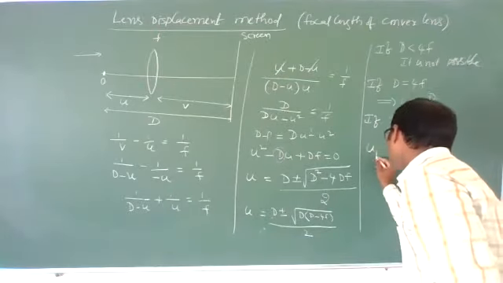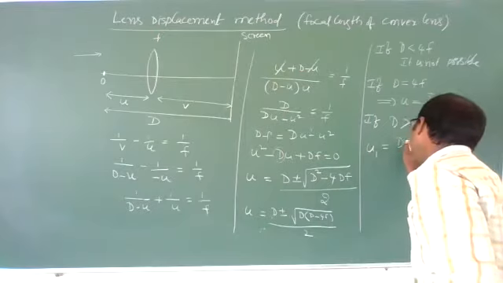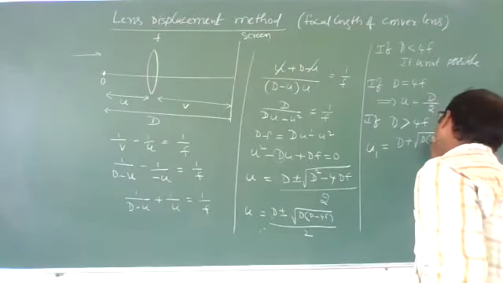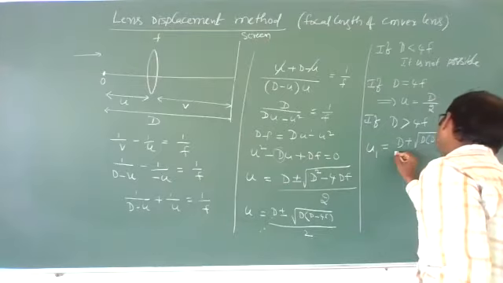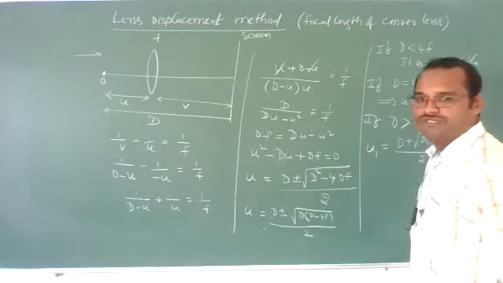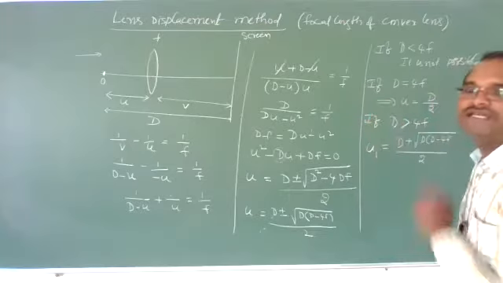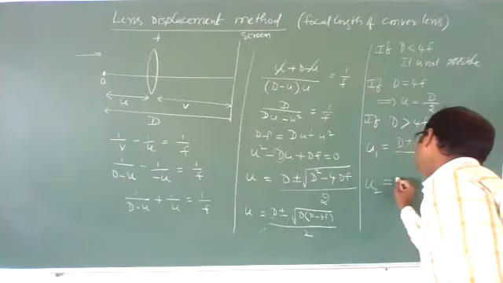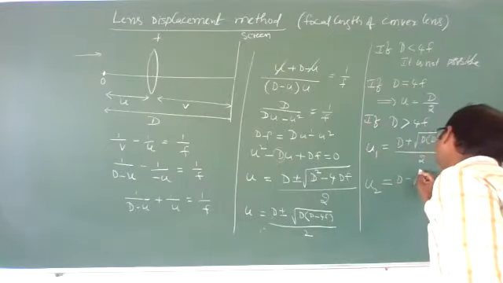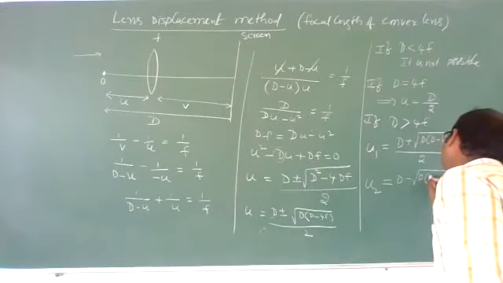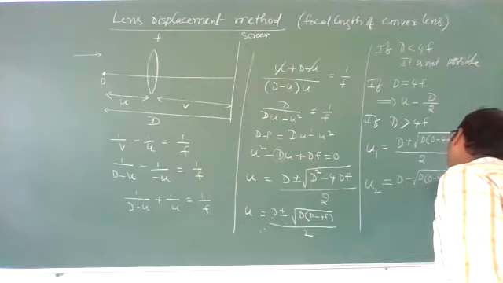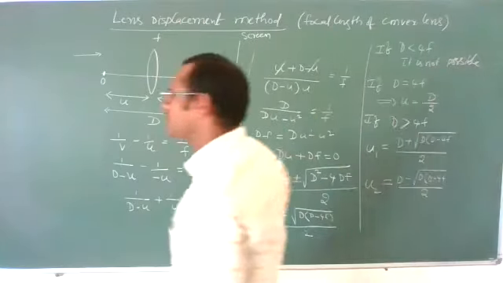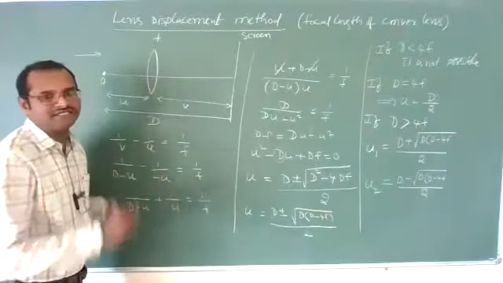First, u distance is D plus root of D into D minus 4f, by 2. This is one particular object distance where you will get the image on the screen, and another distance is D minus root of capital D into D minus 4f, by 2. This is another distance where you will get the image again on the screen.